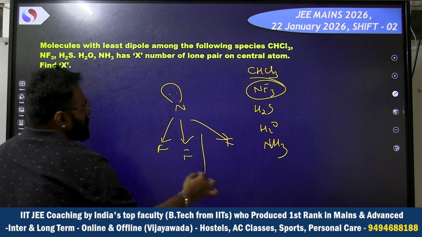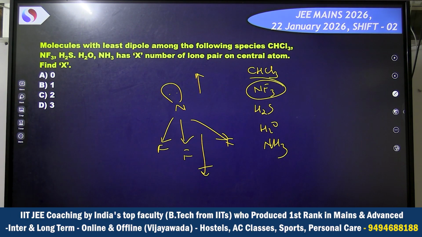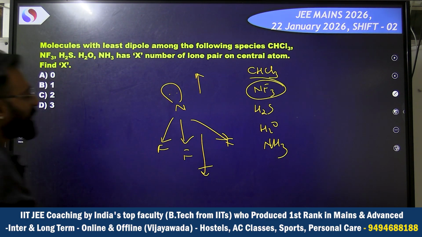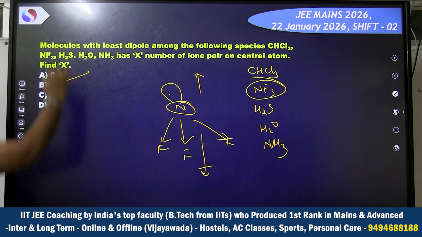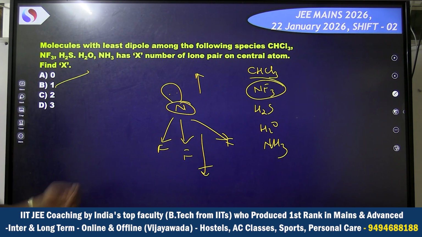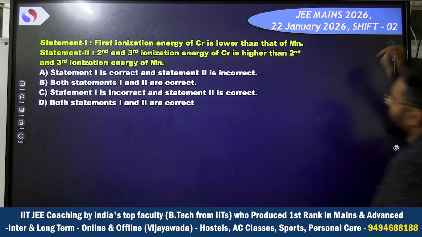Electronegativity difference between nitrogen and fluorine. So NF3 has the least dipole moment, and the question is asking the number of lone pairs on the central atom. So nitrogen is the central atom, only one lone pair. So the correct answer is option number 1. Basic NCERT question. VSEPR table, basic NCERT question.